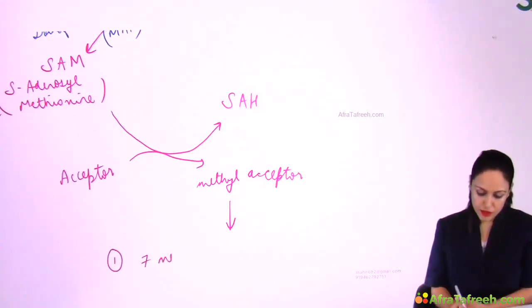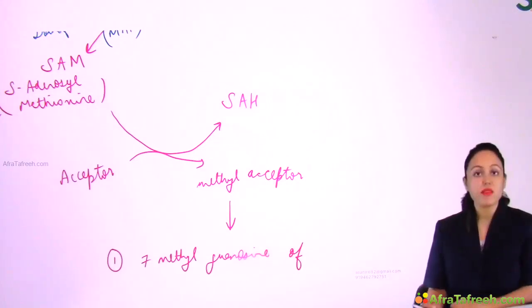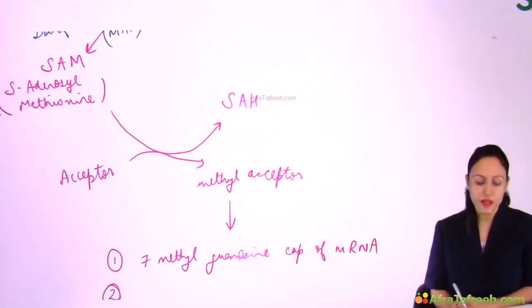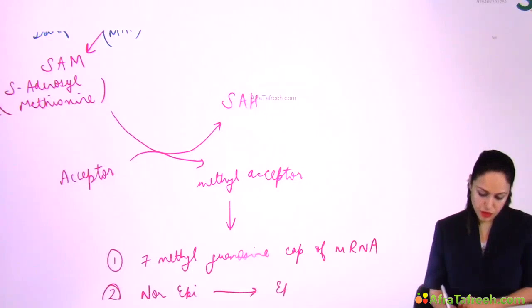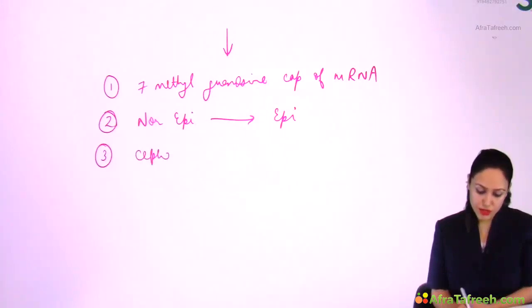One is the 7-methyl guanosine cap of mRNA. Second is norepinephrine to epinephrine conversion. Norepinephrine to epinephrine conversion requires SAM. Next is cephalin to lecithin.